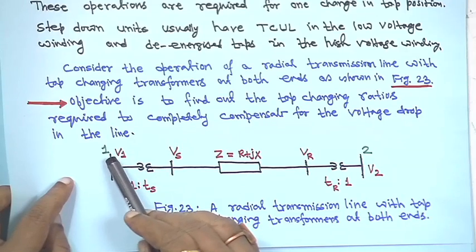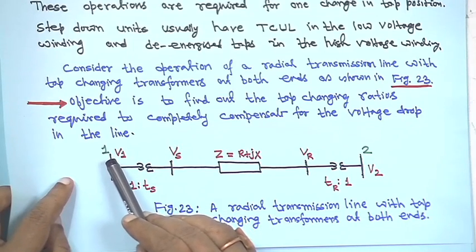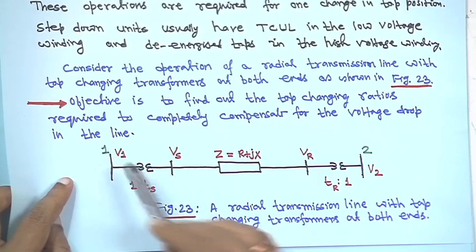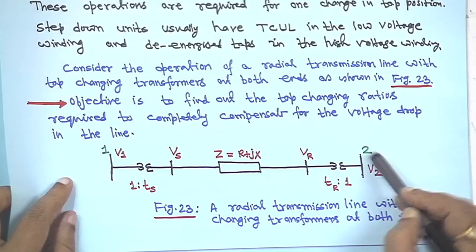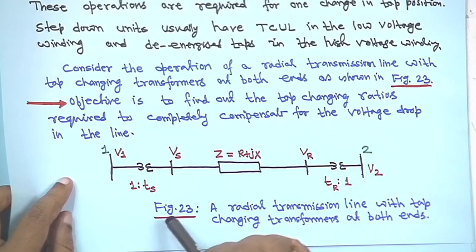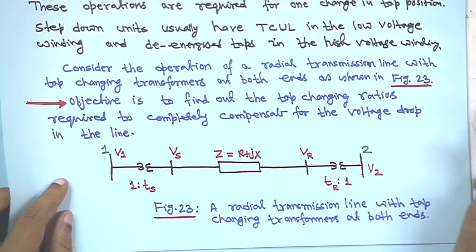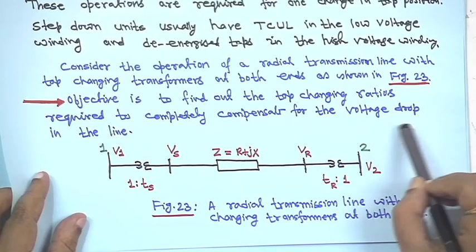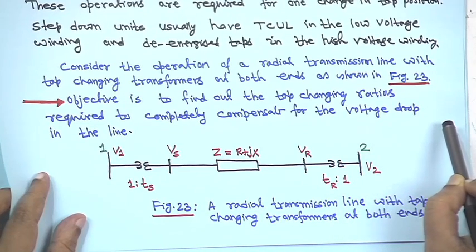One node, the bus bar, is marked 1, and this side it is 2. The objective is to find out the tap changing ratios required to completely compensate for the voltage drop in the line.